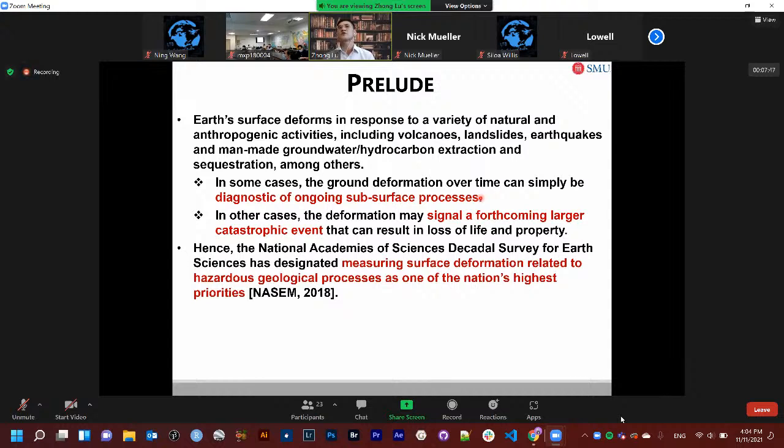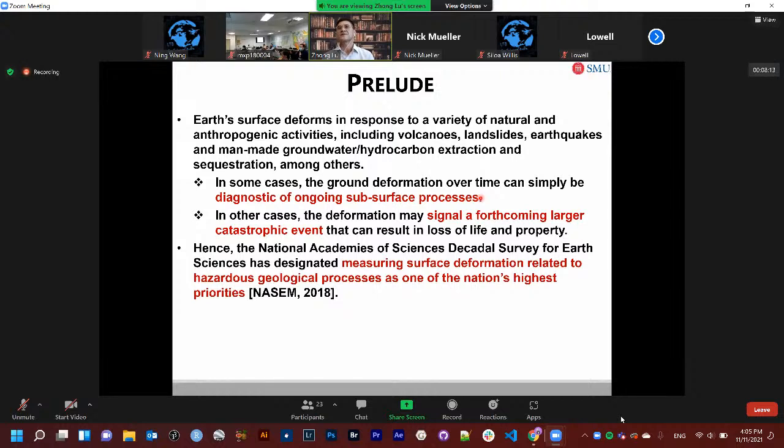In some cases, the deformation over time can be a diagnostic of the ongoing subsurface processes. It's just like when you use seismology or some other GPS measurement, you can see what's going on. So by taking the deformation measurements, you can try to apply inverse theory to understand the causal mechanism. In some cases, like GPS, the deformation itself is already a very important product. You can use it for infrastructure monitoring.